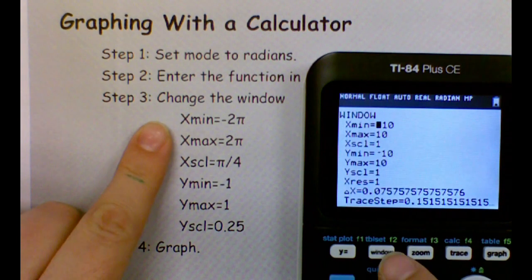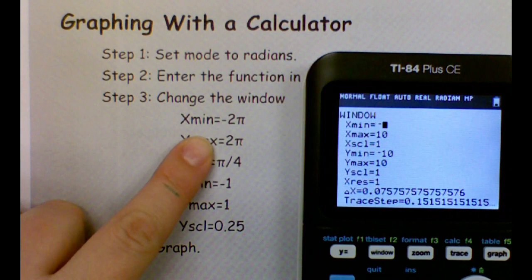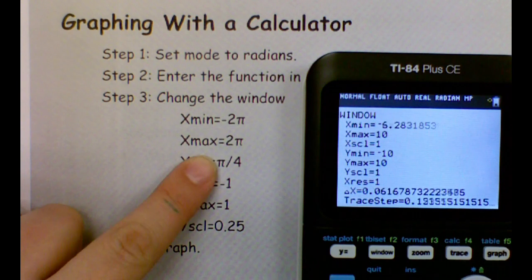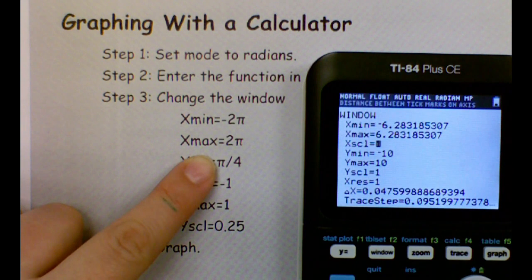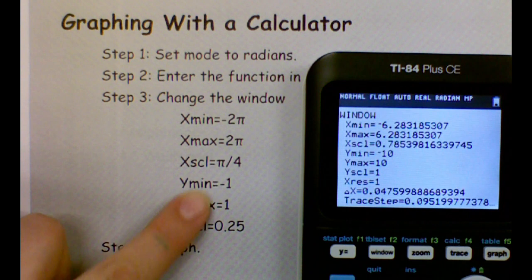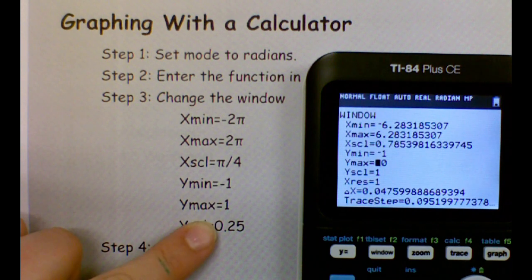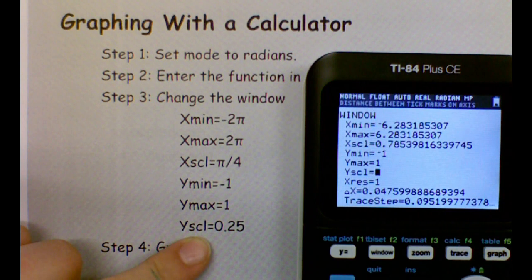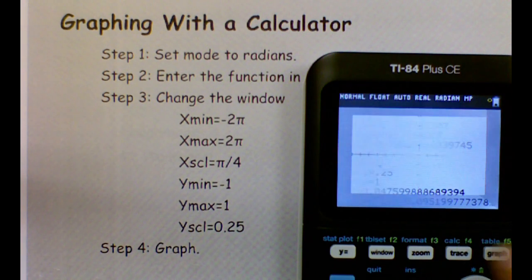So go to window, x min, make it negative 2 pi. X max, 2 pi. Notice that your calculator might change those to decimals right away. X scale, pi over 4. Pi divided by 4. Boom. Y min, negative 1. Y max, 1. Y scale, let's go, 0.25. And then graph.